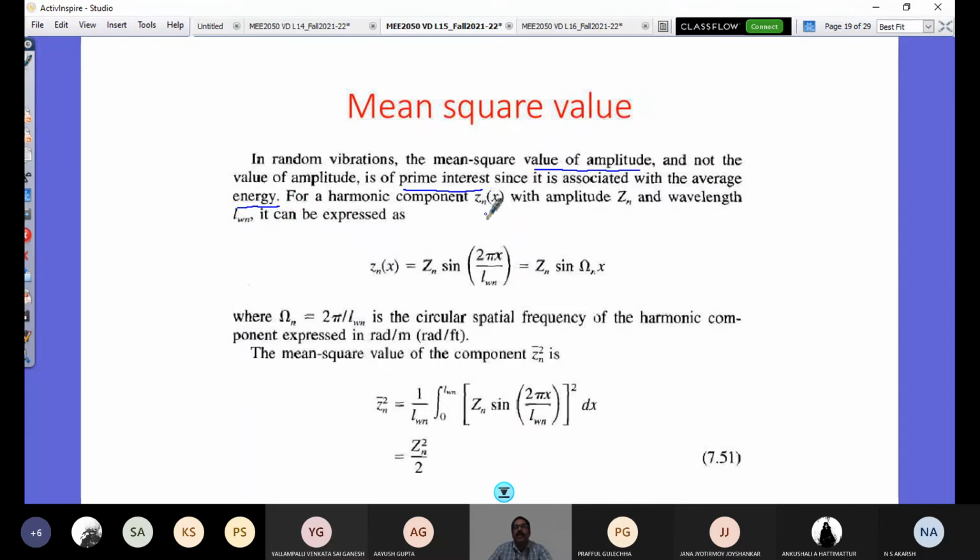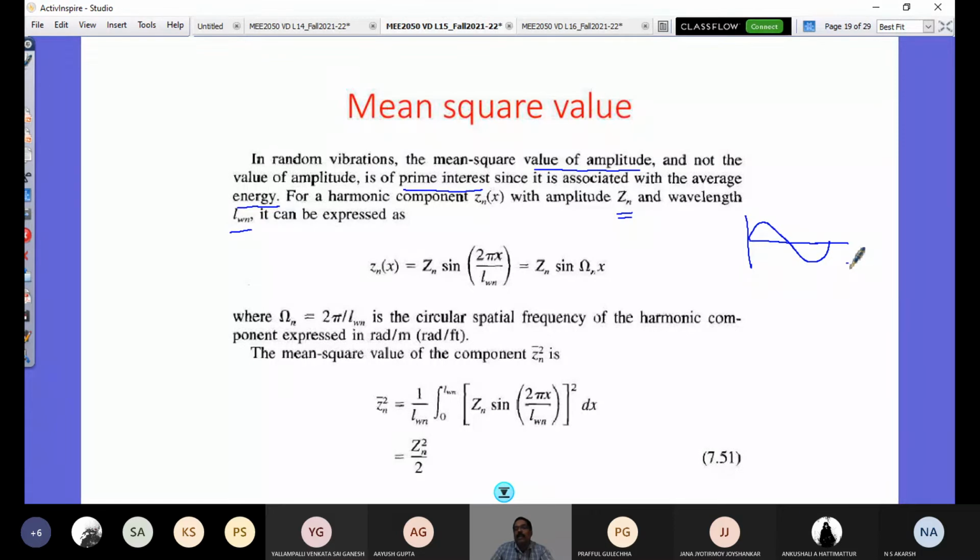So the harmonic component Zn of x. There are n components like I have shown earlier. The nth component would be a harmonic component with an amplitude Zn, and the wavelength is L omega n. I can represent that function as this sine function, right? So here, what is omega?